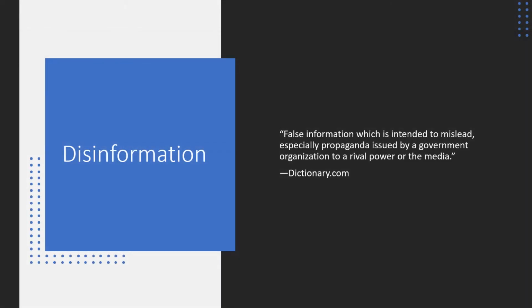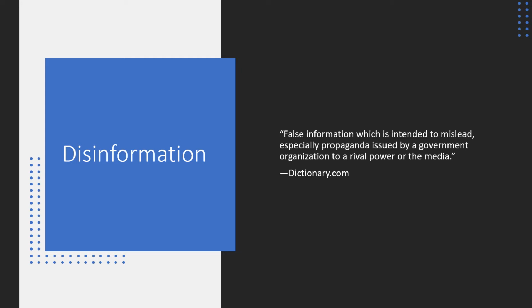The second type of problematic information we'll discuss and look at is disinformation. Disinformation is false information which is intended to mislead, especially propaganda issued by a government organization to a rival power or the media.